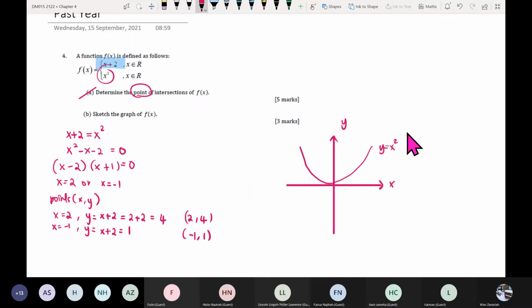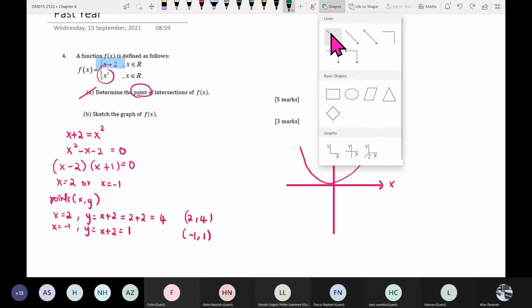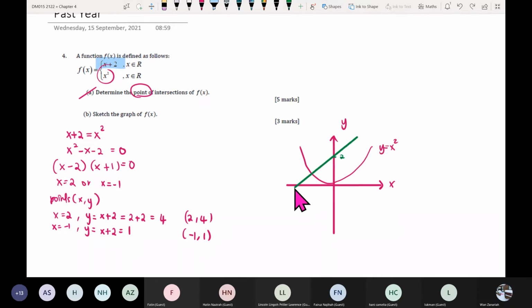Tulis. Ambil satu lagi pen warna lain. Now we are sketching x plus 2. x plus 2 ini mesti cut pada mana? Pada 2. Okay, so ni tak cukup panjang. Kena tarik lah.